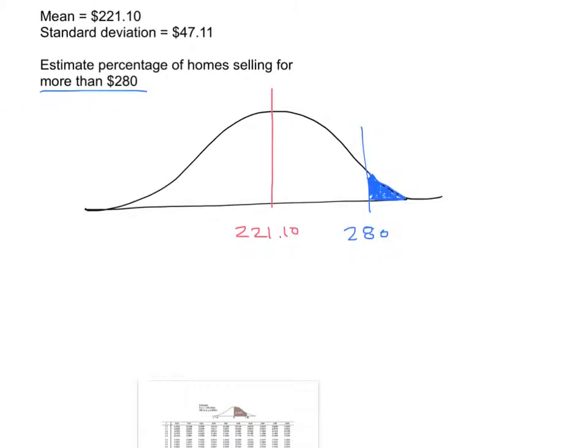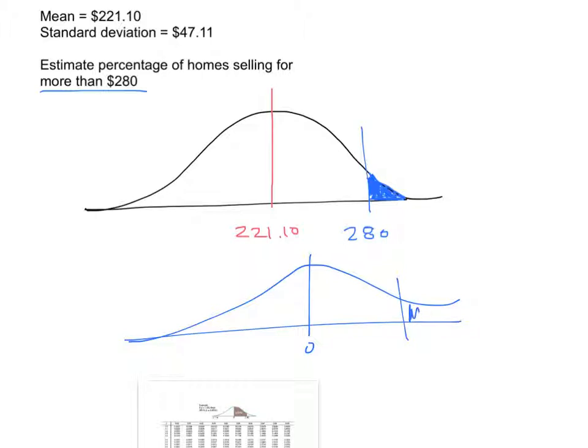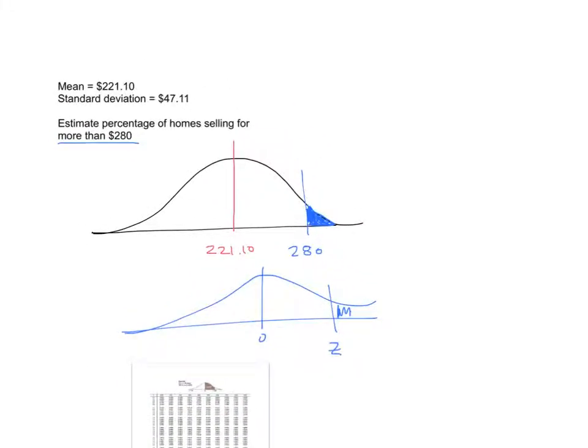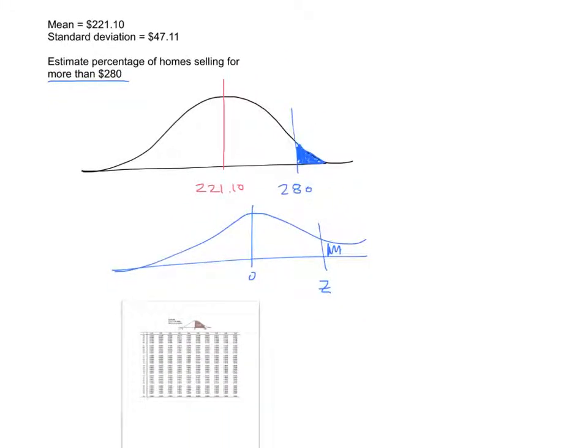By standardizing, I'm going to make the mean 0, and then one standard deviation would be the 47.11. So my question is, if this is standardized, what is that z value right there? That's my whole point here: I need to know what this z value is.